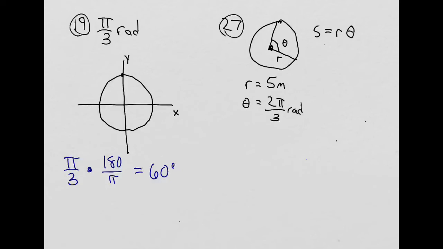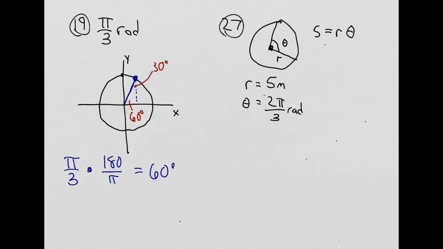What's that going to look like? Something like this right here. I'm going to drop down my triangle, and that gives me a 30-60-90 triangle. There's a 60 right there, which means the 30 is going to be right there. We just have to figure out what x and y are, because that's cosine and sine.